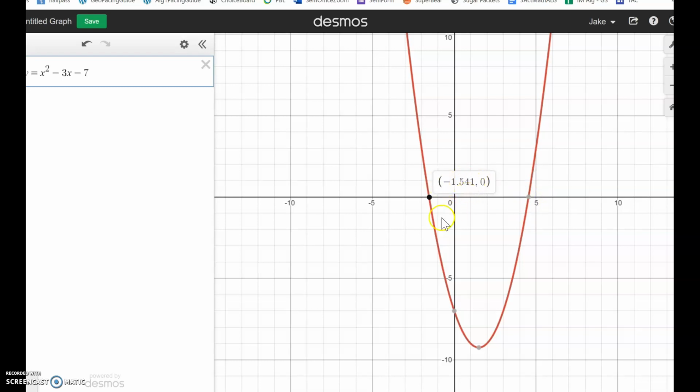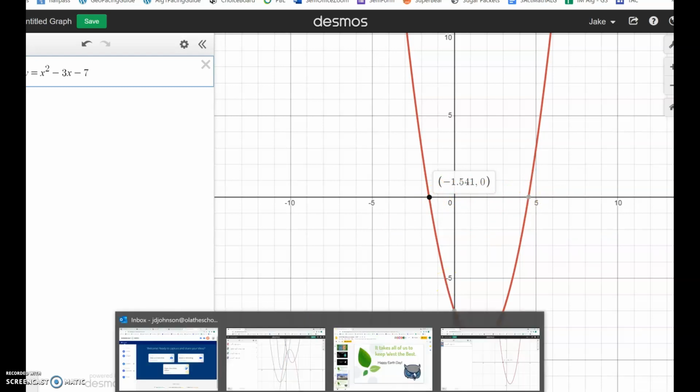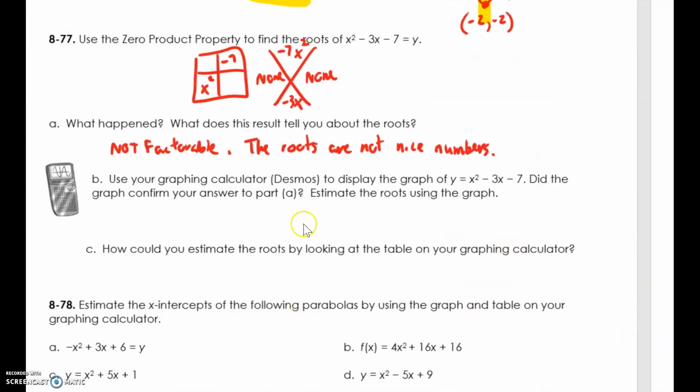These are decimals that we cannot write as a fraction. Okay, so that's why it's not factorable. These are crossing at non-whole numbers. So yes, this answer would be confirmed. The roots are not nice numbers. And then to estimate, I think we said -1.5 and 4.5.